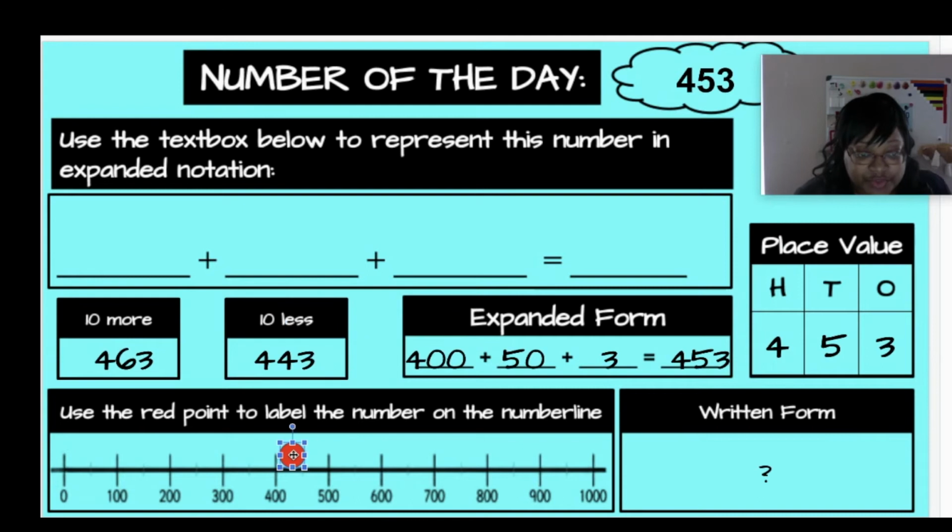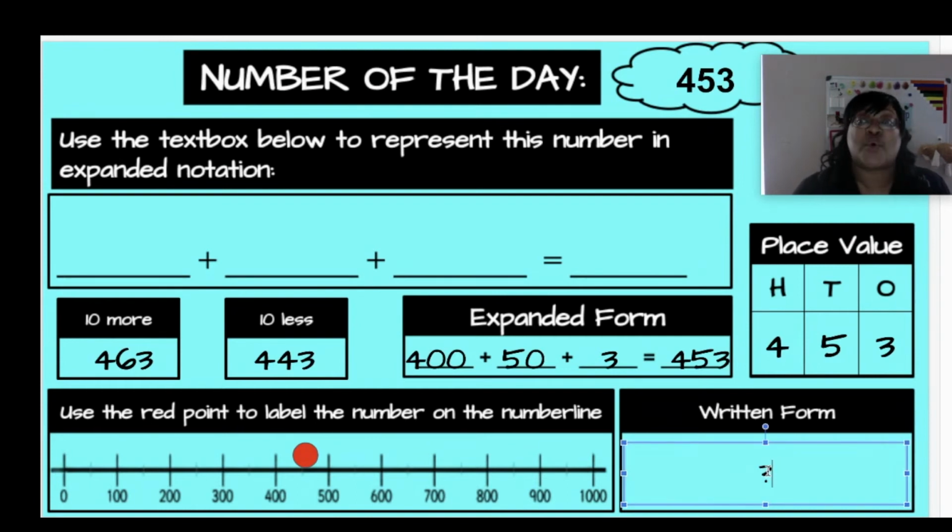Now we have to move the little bubble to where 453 would be. So here would be 300, 400, 500. I'm not at 500, so it has to be less than 500, but it's more than 400. So what's the midpoint? What's halfway? That would be 450. So it's a little bit past halfway.